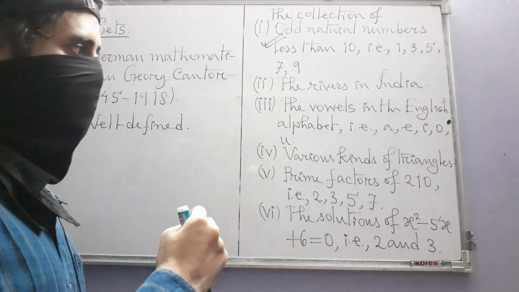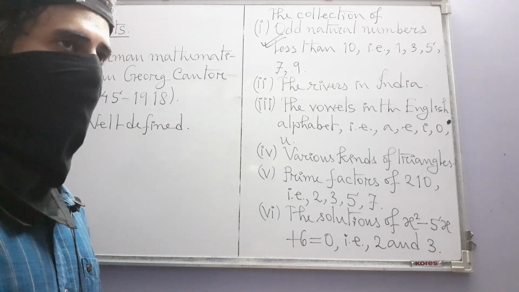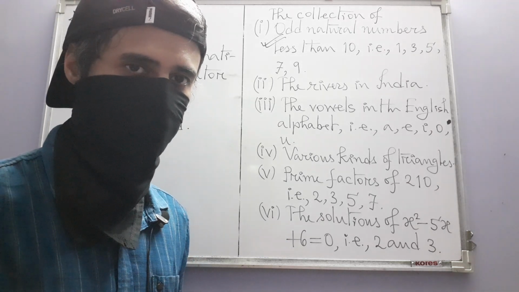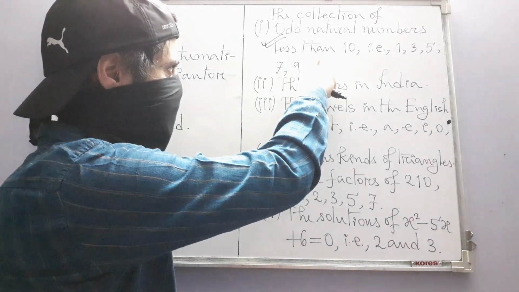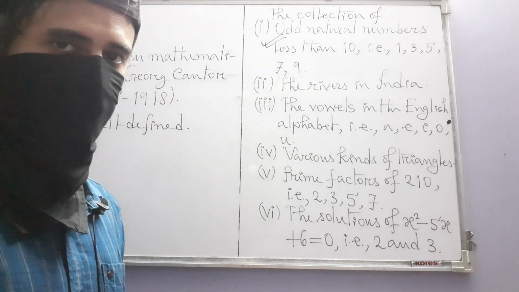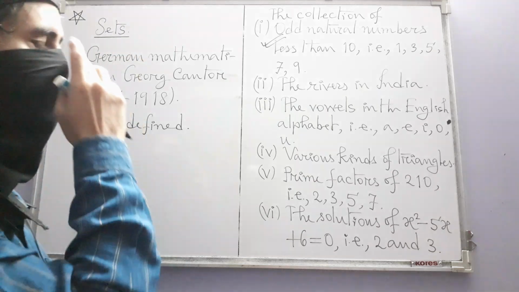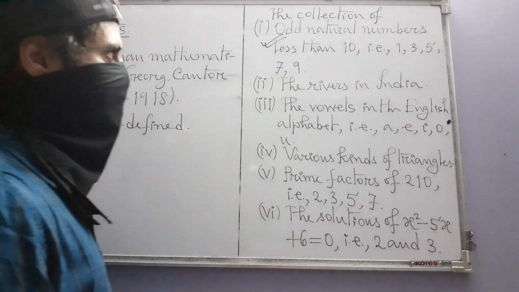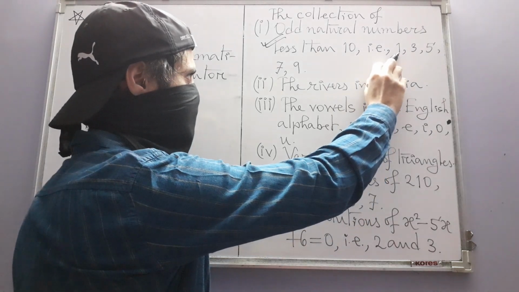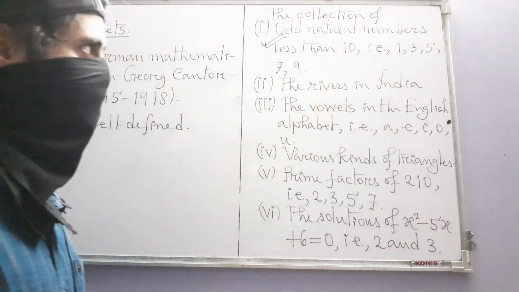So, if I am given any object, say I take a triangle in the plane, that is definitely not an object in this collection, because we do not have any triangle as an object in this collection. However, if I take the number 1, then I can clearly see that 1 belongs to this collection.